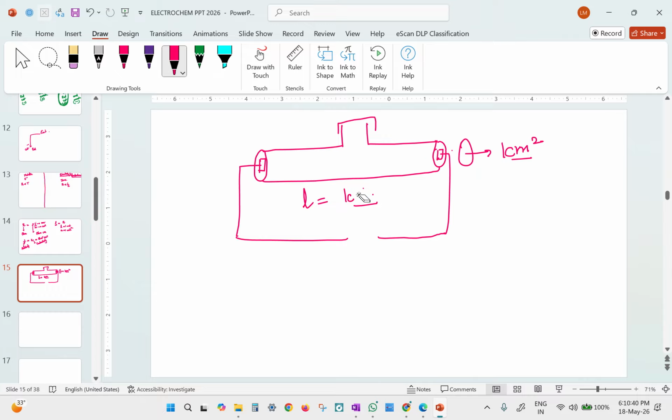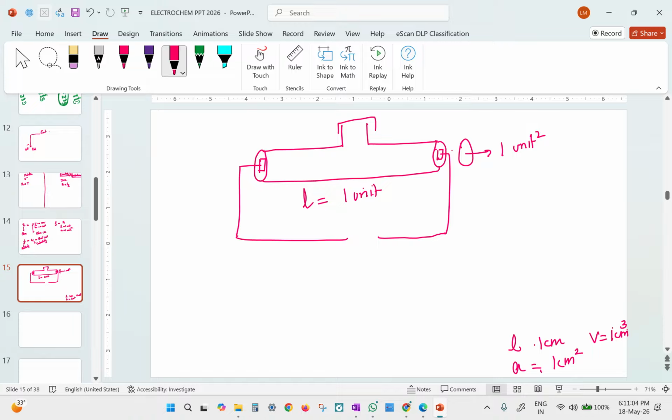I'm just going to remove the centimeter. Last time also I did this. Just for the revision sake, I'm doing 1 unit square. Of course, when you have 1 centimeter length and the area of cross section is 1 centimeter square, the volume that you will store will become 1 centimeter cube, correct?